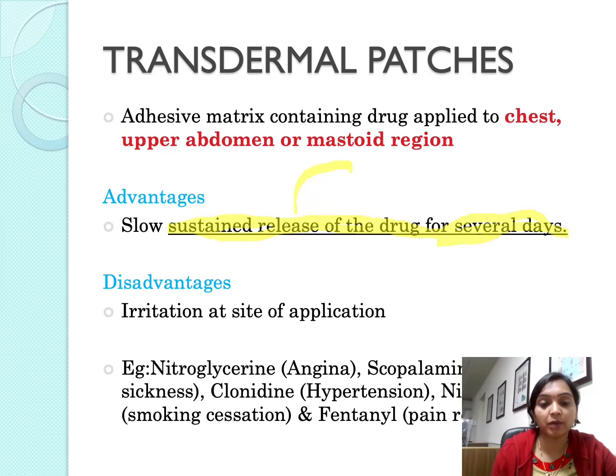Disadvantage: the patch can cause irritation after some time of application.